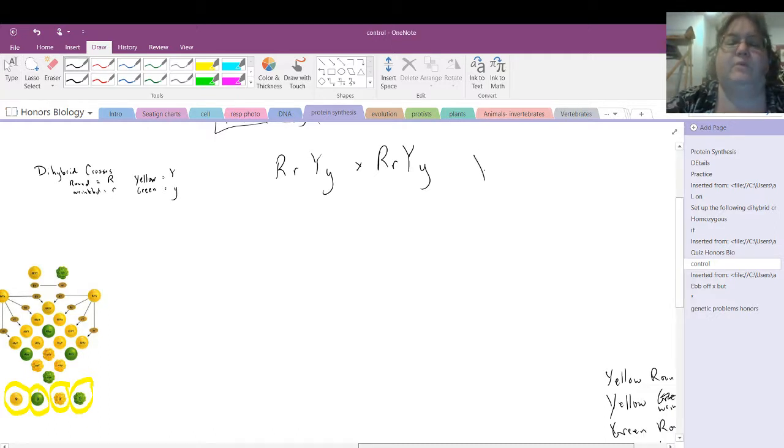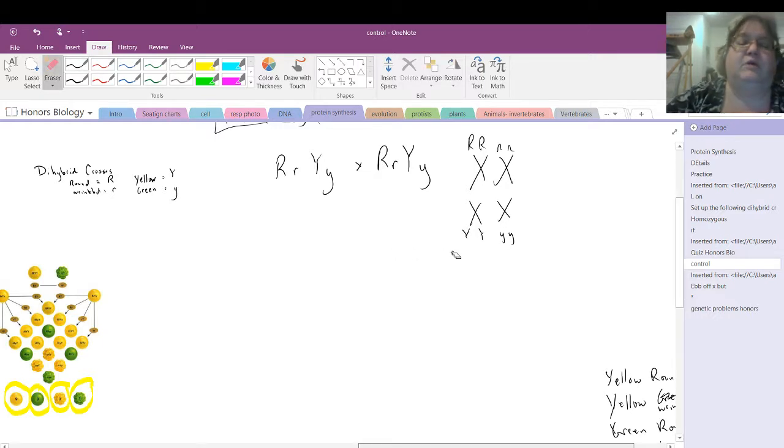And the way you want to think about this is you could have that big R and little r. And then for the chromosome bearing the Y gene, you could have big Y, little y for the yellow and green allele. However, that's one arrangement, but the chromosomes could also line up like this.